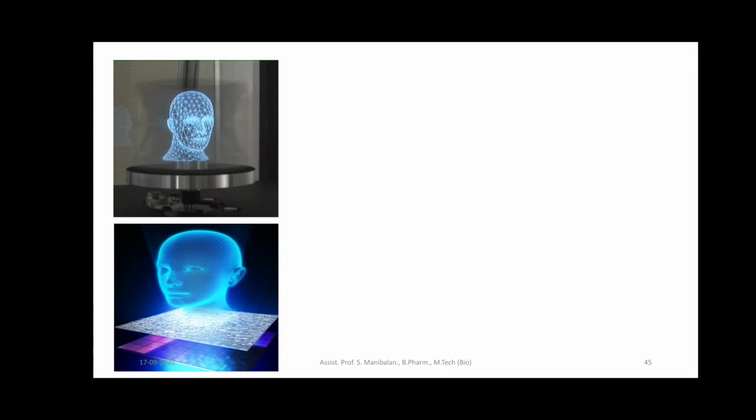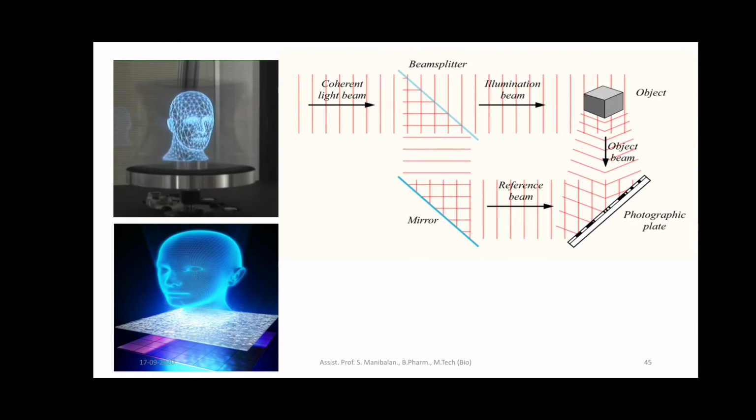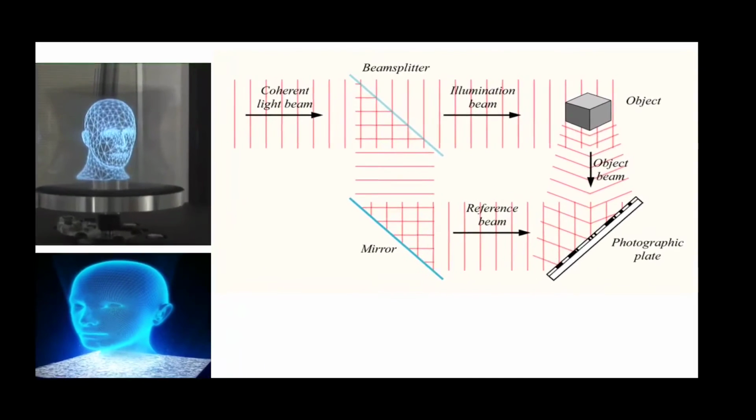Okay, these are examples of holograms. You can see that the coherent light beam hits the beam splitter. From the beam splitter it splits into two waves, one is the illumination beam and the other goes to hit mirror 1 and mirror 2. What happens is, instead of mirror 2 we have an object, right? See this, we have an object, and that object produces waves in different directions, depending upon the shape we have placed, right?